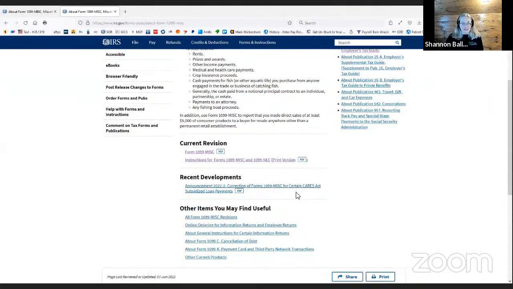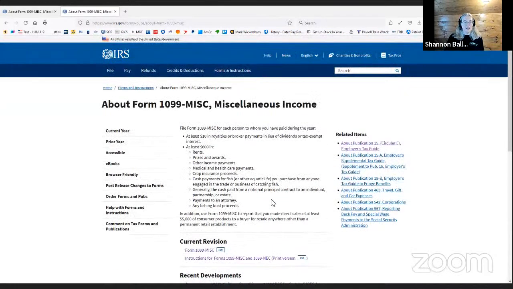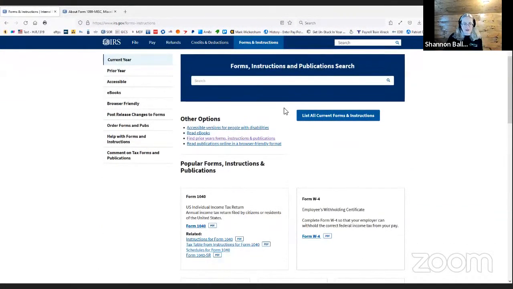This is also where you can find recent developments and other forms that you might find useful. One of the things that we're going to be talking about later in the series is the 1099-K, payment card and third-party network transactions. All right. Oh, I had 1099 miscellaneous open on both. Let's do 1099 NEC.